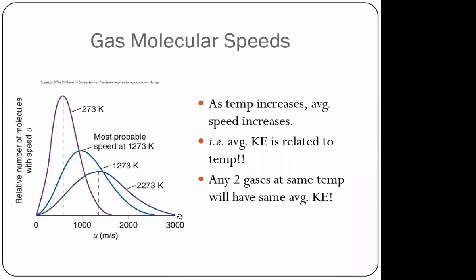So as you increase the temperature, you increase the average kinetic energy. So any two gases at the same temperature will have the same average kinetic energy. We talked about that previously.